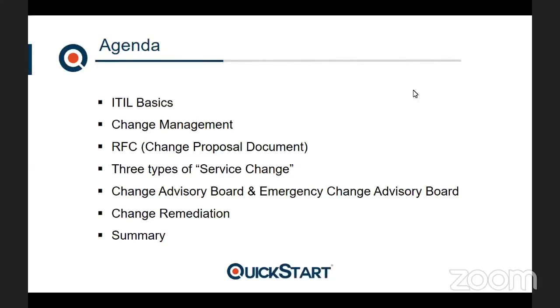ITIL is the IT service management framework, and it ensures that the right processes, people, and technology are in place so that the organization can meet its business goals. This is a simple way we can define ITIL. It is very commonly used around the world, and although there are other frameworks, a heavy majority of organizations use ITIL.